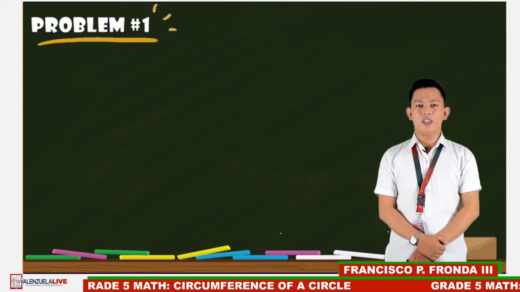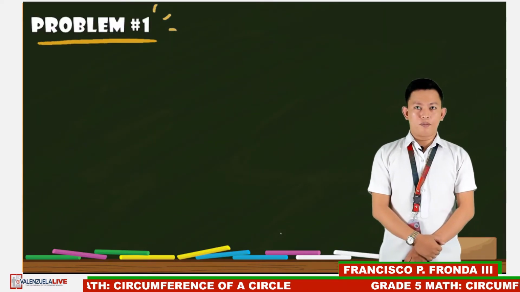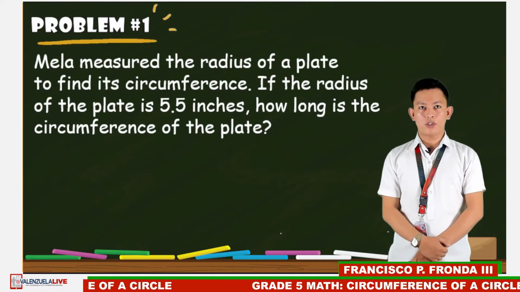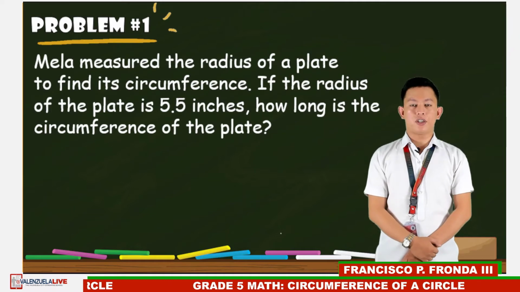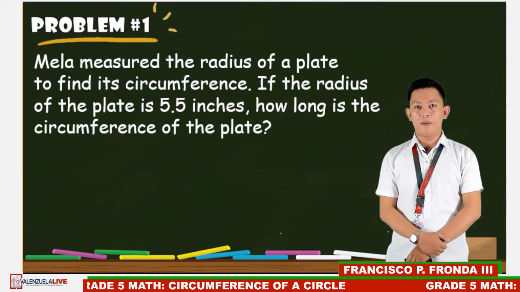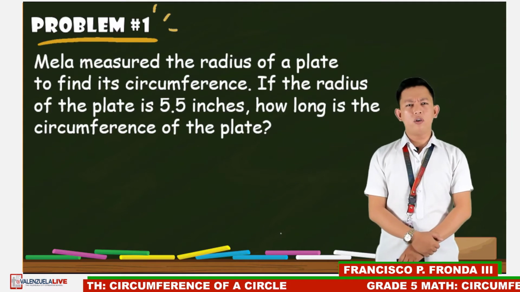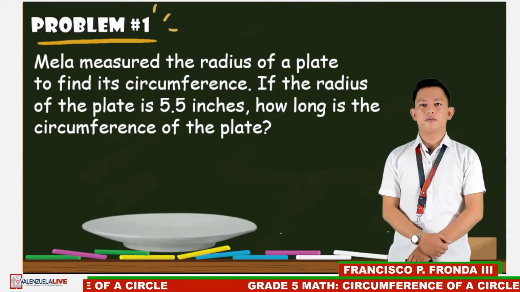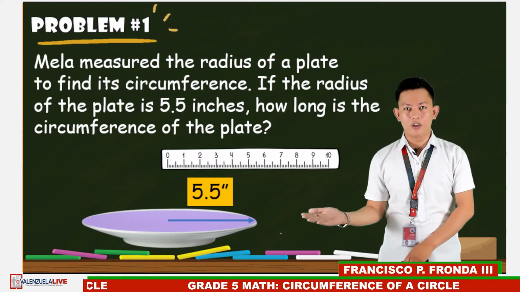Now, let's proceed to problem number 1. Mila measured the radius of the plate to find its circumference. If the radius of the plate is 5.5 inches, how long is the circumference of the plate? So, this would be the illustration.